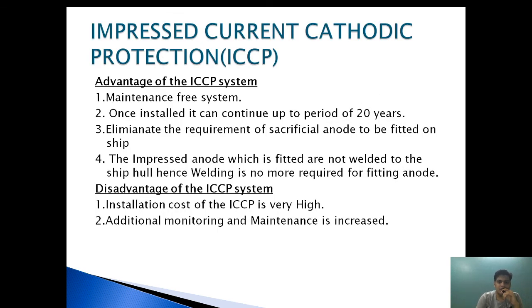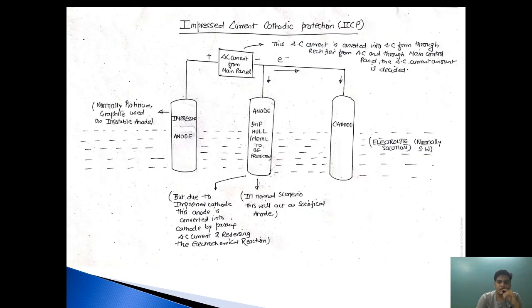At last, if you have a confusion, I am just telling in a synopsis what is happening. Suppose this is a propeller which is made of bronze. This is the ship hull metal which is made of steel. Now, in a normal scenario, what will happen? The steel will be eroded onto the propeller because the alloy steel is more reactive compared to the bronze, and hence it will undergo corrosion. While undergoing corrosion, it will act as an anode and the propeller will act as a cathode.